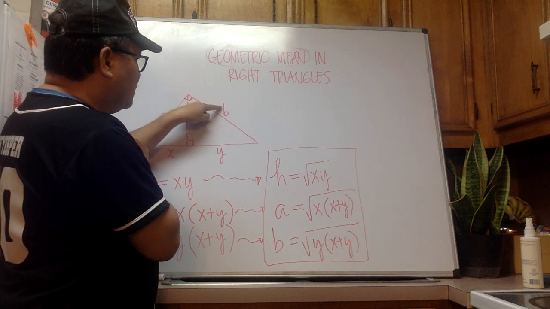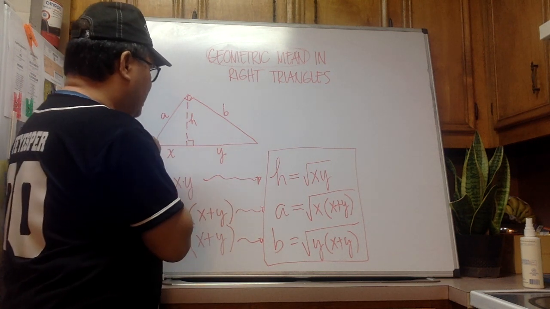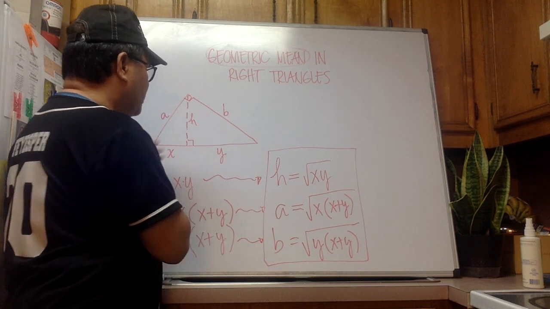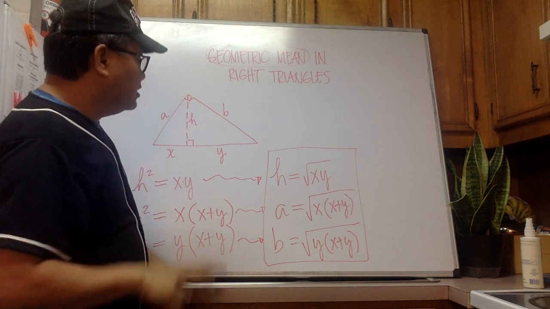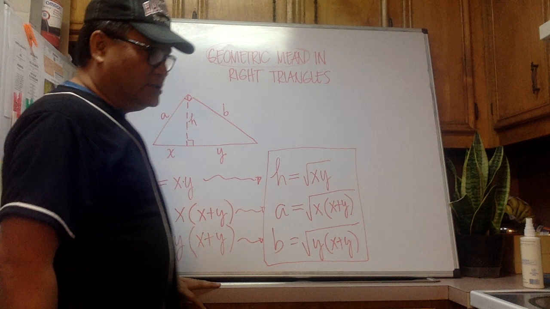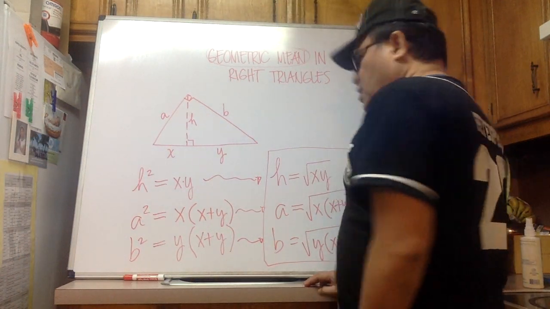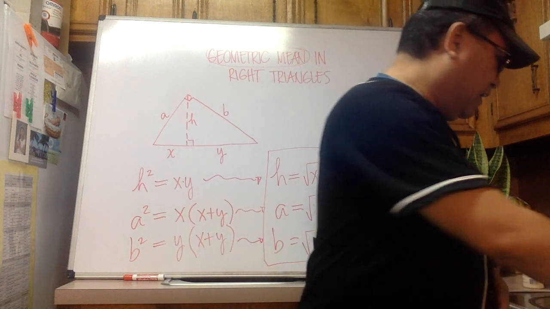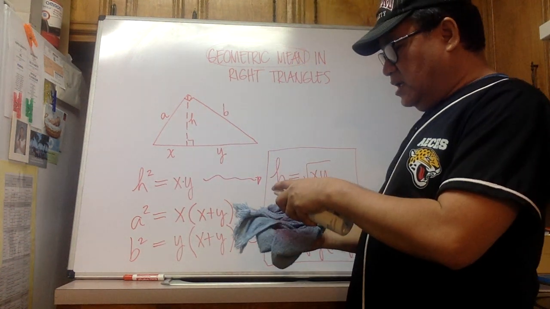This leg is equal to the geometric mean of this number and this number. We're good? Let's look at some example applications, so we can develop our confidence in solving those problems.